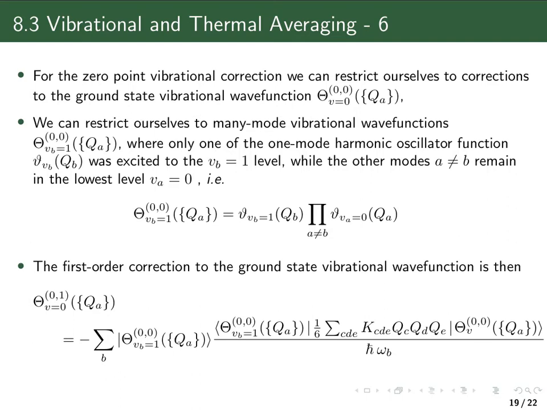So in this set of functions, which is a product of one mode function, meaning harmonic oscillator wave function, then one of them is excited, whereas all the other product functions are not excited.